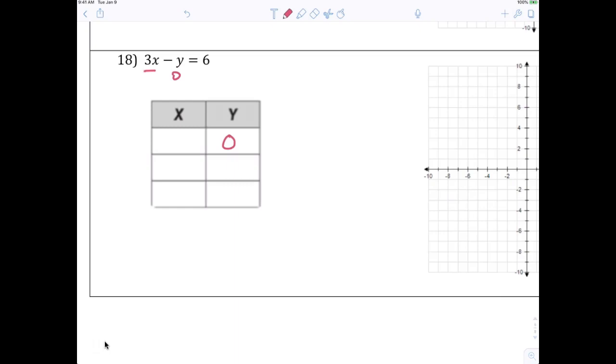So read this right here, Thomas. 3 what? 3x. Keep going. Equals what? Yes, because why, Thomas? Because the y value is what? The y value is 0. Thank you. All right, now, how do I solve this, Thomas?